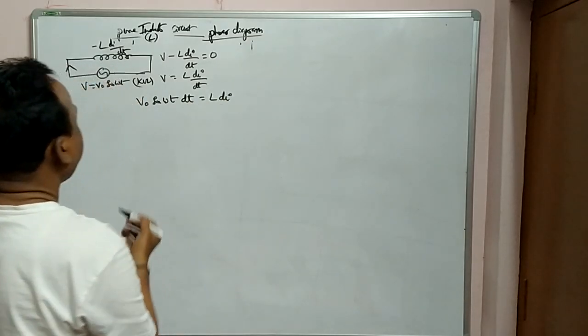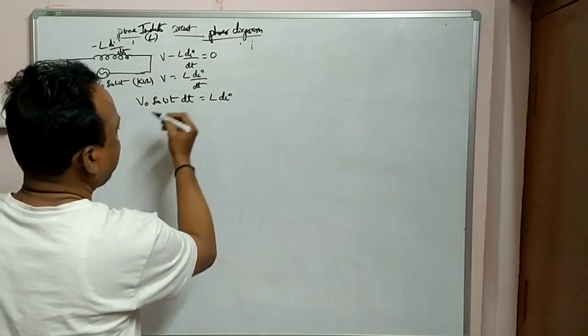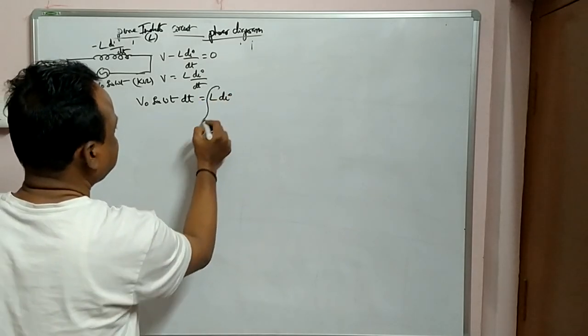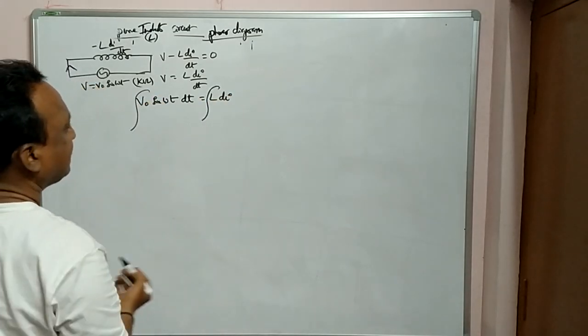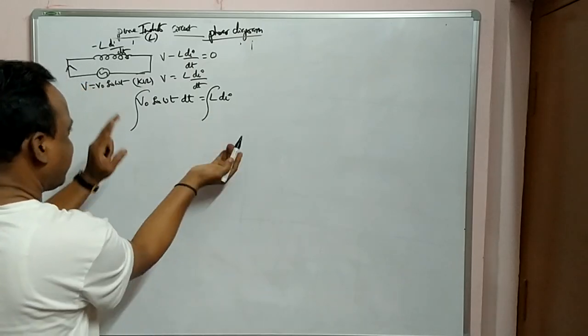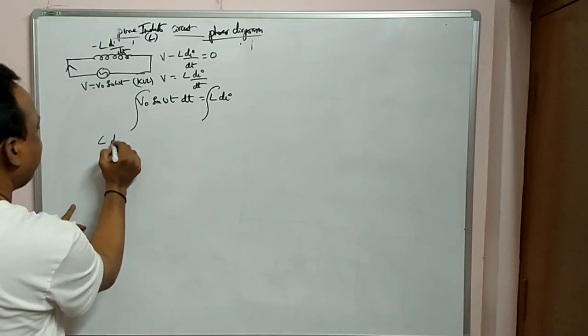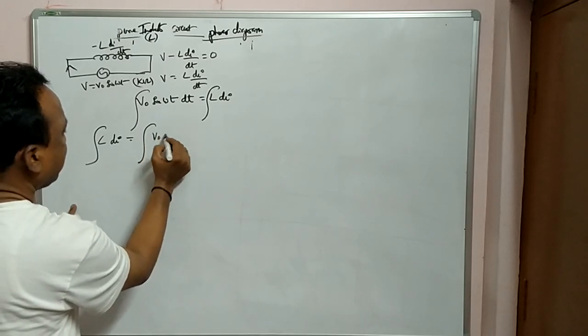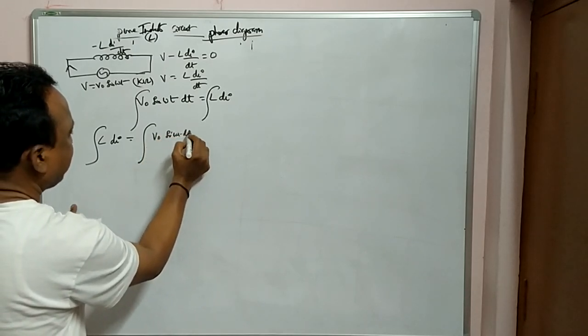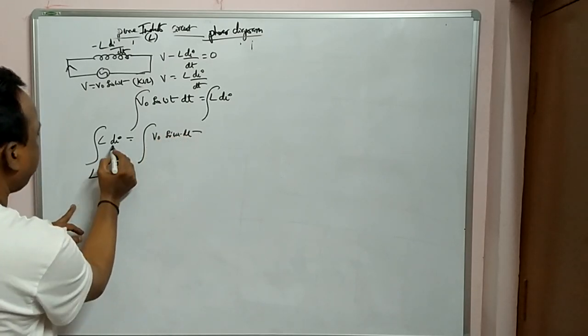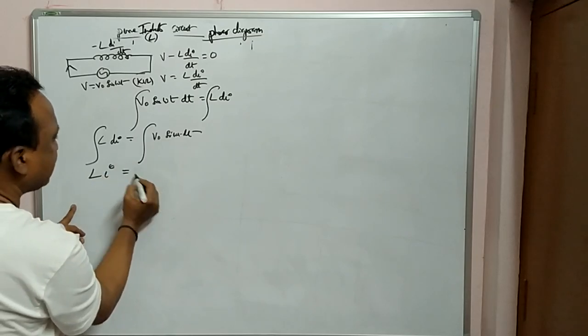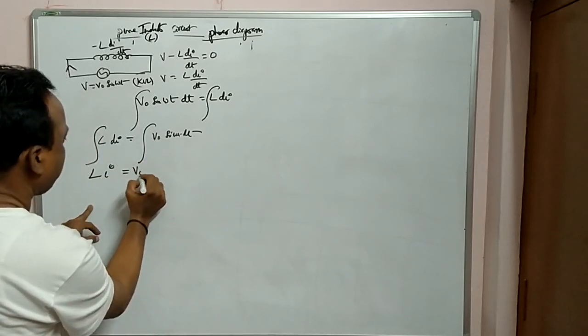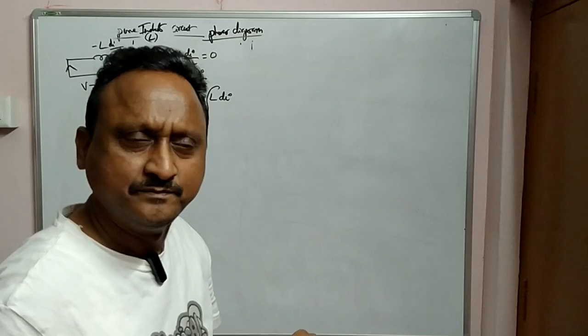Now I want the current here. To get current, what do I have to do? I have to integrate it. Then I will get current. So I move this to this side: integral of L dI is equal to integral of V0 sin omega t dt. L is constant for dI. I is equal to V0, take the constant outside, integral of sin theta.